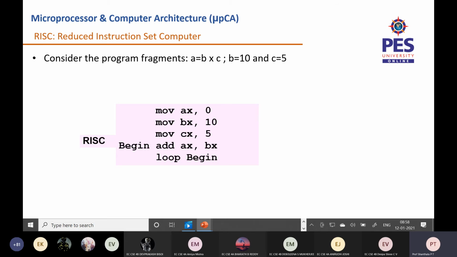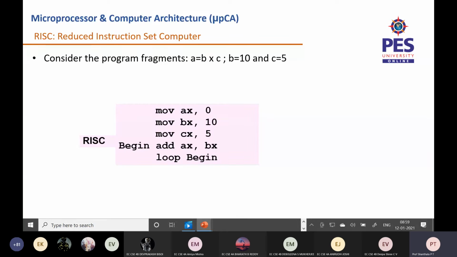I'll consider the same example for the reduced instruction set computer. You can see here the number of lines increases, but the complexity of the instruction is reduced. See the example. Move ax, 0.